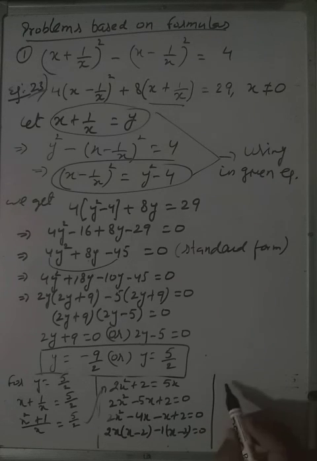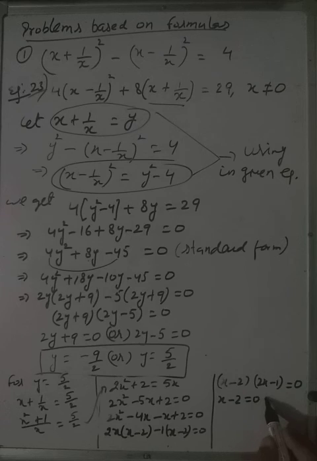Therefore this will be (x minus 2) multiply (2x minus 1) is equal to 0. Once again using zero product, x minus 2 equal to 0 or 2x minus 1 equal to 0. So this gives us x is equal to 2 and 1 over 2.